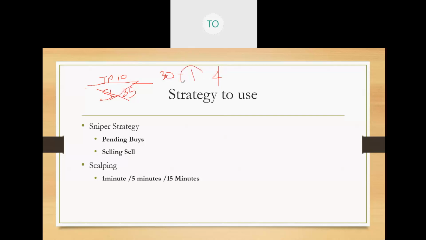Because when the trades take an hour to set up and 4 hours to set up, you don't want a trade to break down and go all the way so that it can come back and go the way it wants. That might give you very huge losses. So most traders suggest this is your risk and this is your take profit.